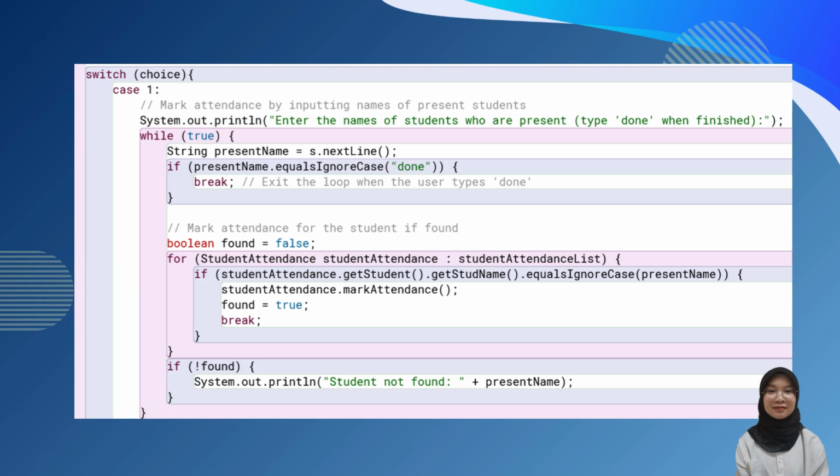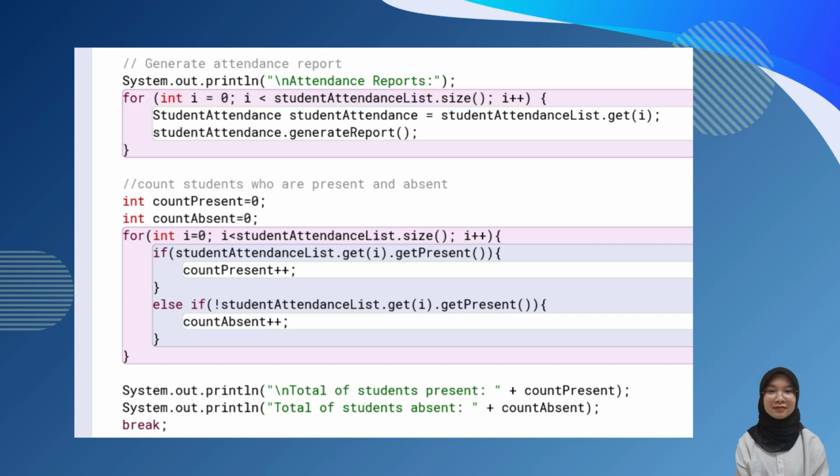Or if it is not found, a message student not found will be displayed on the screen. The program will also generate an attendance report where we call the generate report function from student attendance. And next, the program will also count the present and absent students and display them so the user can keep track of the count of present students and absentees.